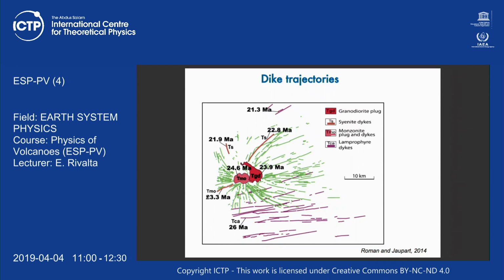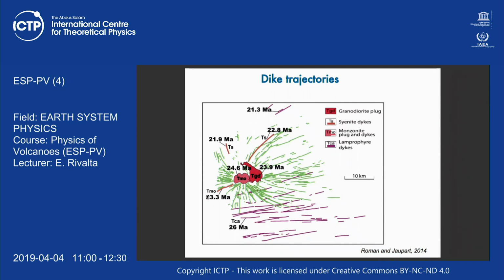However, this paper calculates the effect of this and also the effect of the big edifice that you would have. And they see that if you use a magma chamber stress plus tectonic, the curvature of the dike should be much more curved like this, with a much sharper curvature and much closer to the magma chamber, while the curvature is not very sharp.